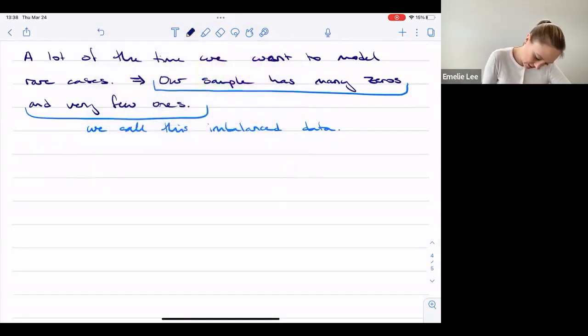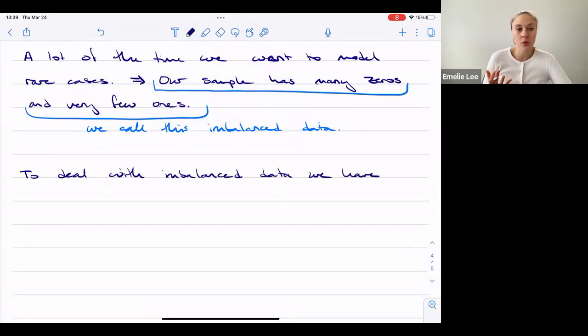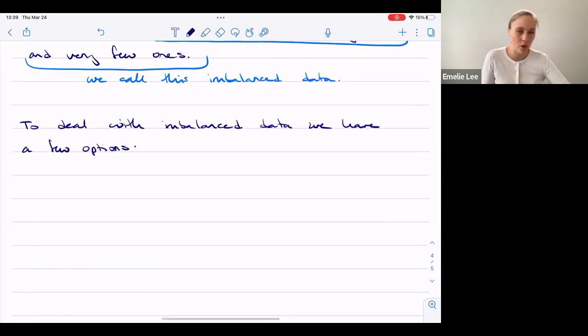So to deal with imbalanced data, we have a few options. And there are many more beyond this, but these are kind of our go-tos.